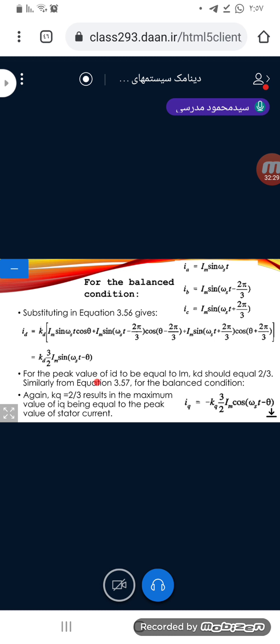For the peak value of ID to be equal to IM, KD should equal 2 divided by 3.